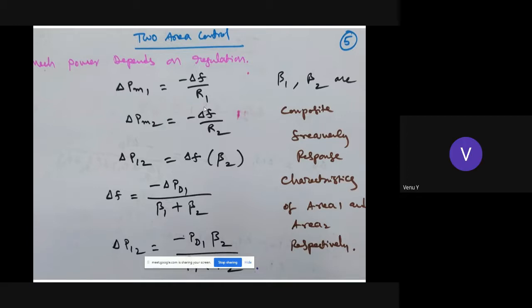Now let us find delta P12. Delta P12 is the change in tie line power, which is equal to delta F, the change in frequency, into the area frequency error beta 2, where beta 1 and beta 2 are the composite frequency response characteristics of areas 1 and 2 respectively.